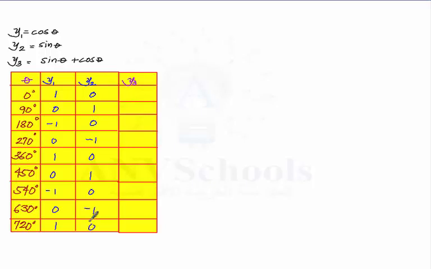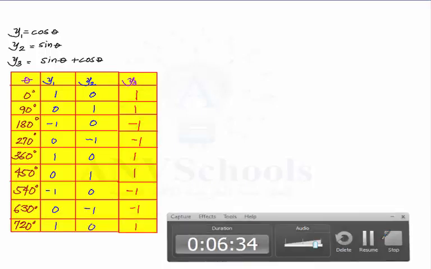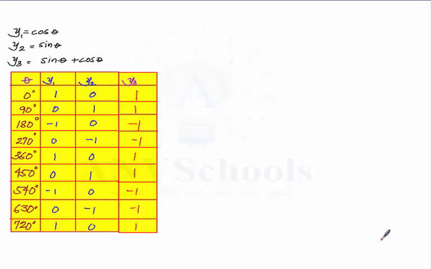So when we add these two, we will get 1 plus 0 is 1, and then we will have 1, negative 1, negative 1, 1, 1, negative 1, negative 1, 1. So all are 1 or negative 1. So we can see that if we add y1 and y2 together, for the parent functions, they form the sums of 1 and negative 1.